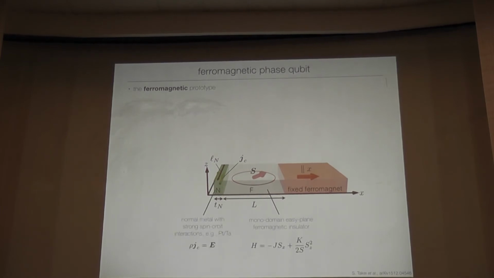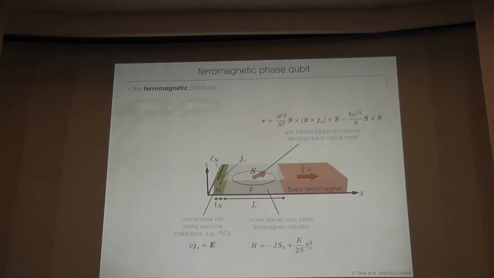And then I'm going to couple that to a normal metal, and this normal metal may have strong spin-orbit coupling. Typically what's used in spintronics is platinum and tantalum. I'm going to consider that kind of metal in this region as well, and I'm just going to assume that it is a standard metal that obeys Ohm's law.